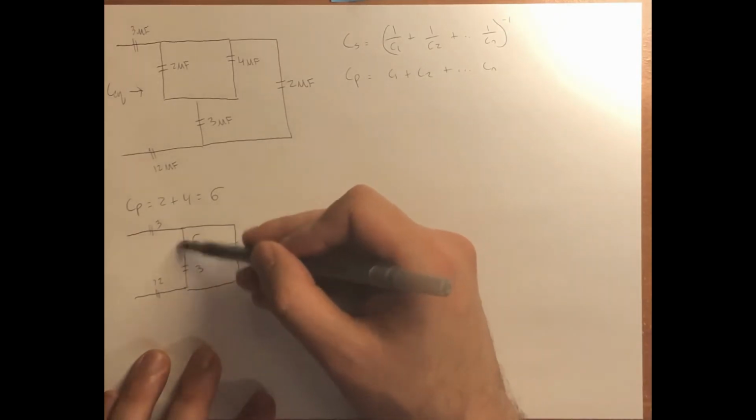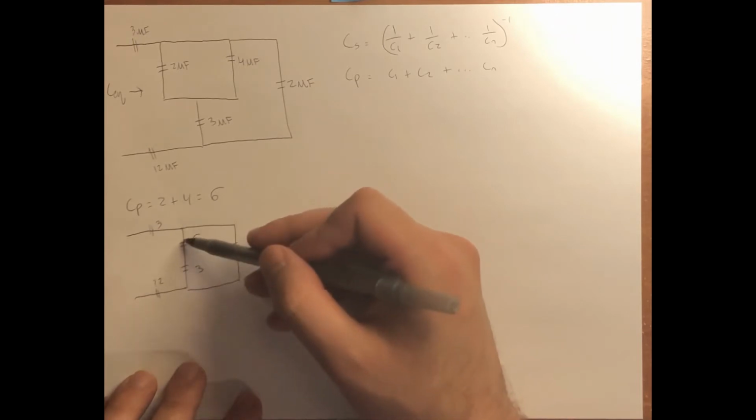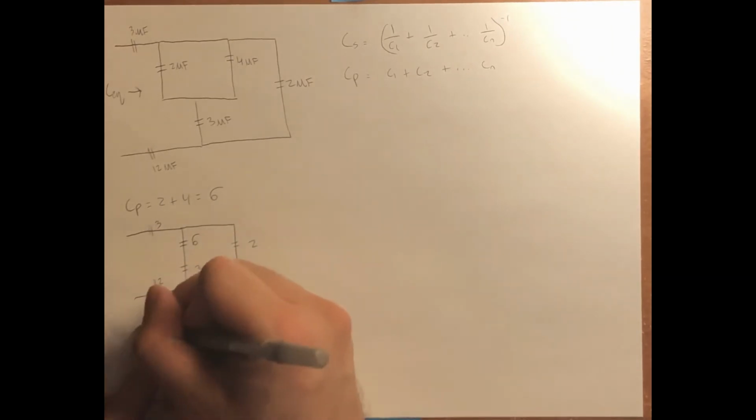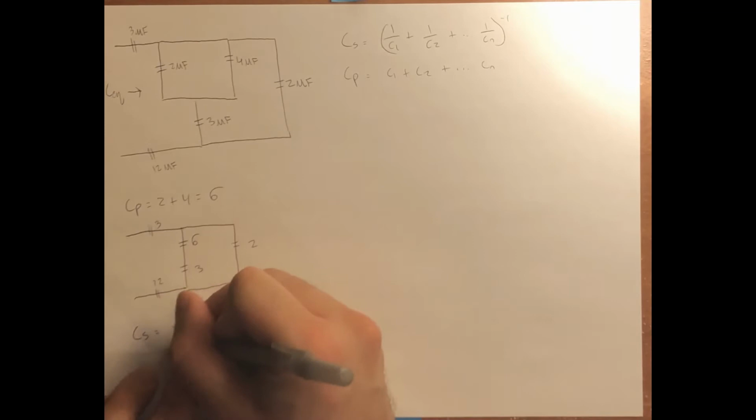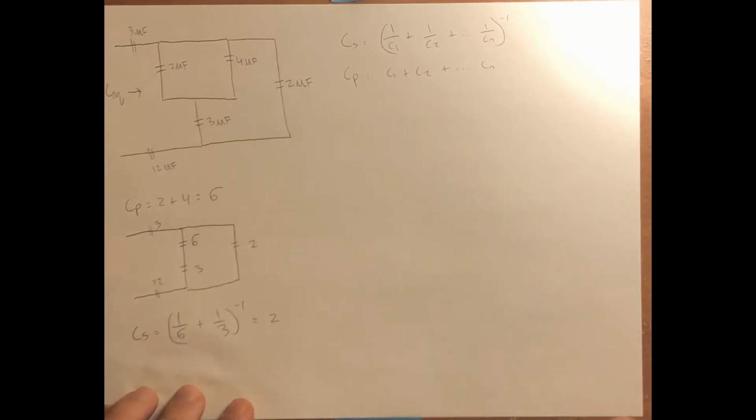So to find this combination, Cs is 1 over 6 plus 1 over 3, inversed, and that gives us 2 microfarads. Again, we redraw the circuit.